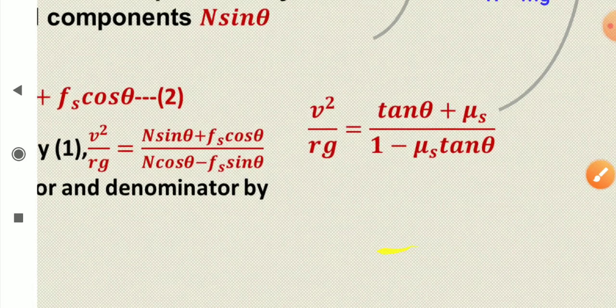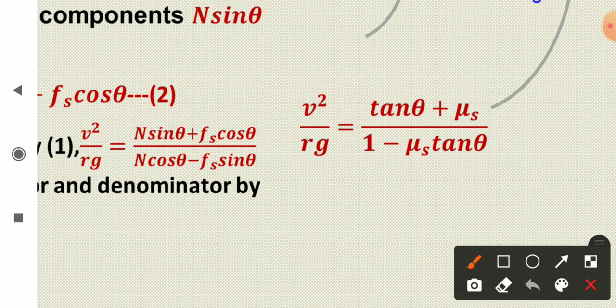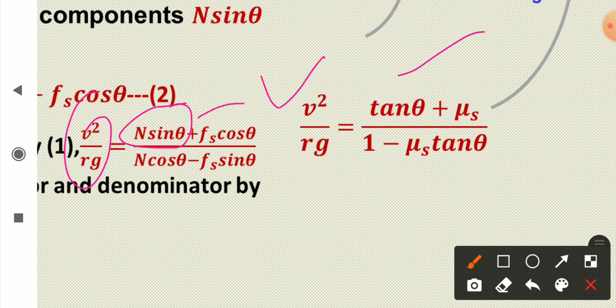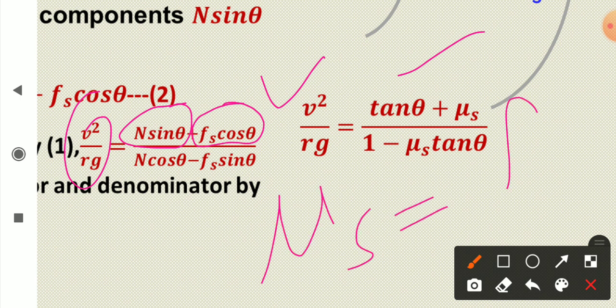Look at it. The left side is v square upon rg as it is. Now n sin theta upon n cos theta will give you only tan theta, n will be cancelled out, and from this component you will get cos theta and cos theta cancelled, and you know that mu s is equal to fs upon n.